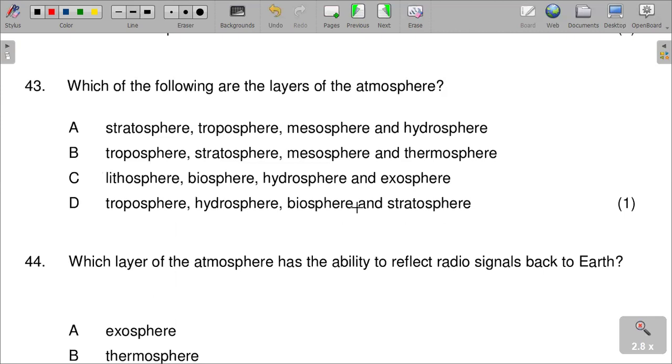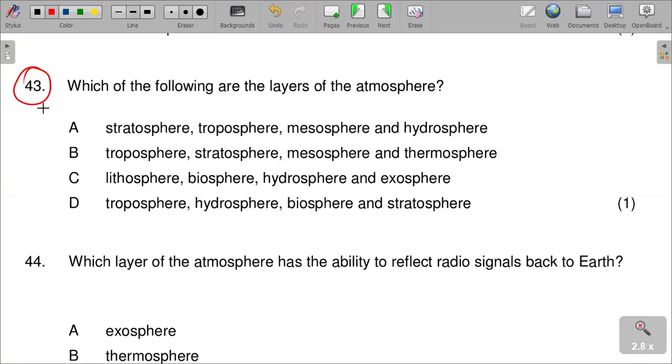Which of the following are the layers of the atmosphere? You see, this question is repeating. I answered it in the previous question paper that we did.